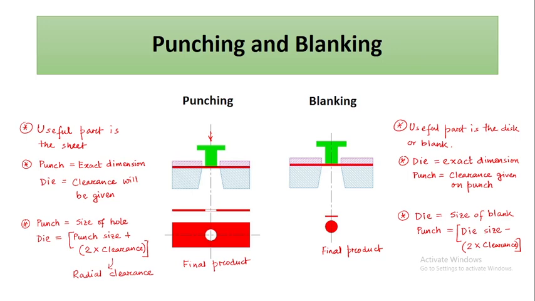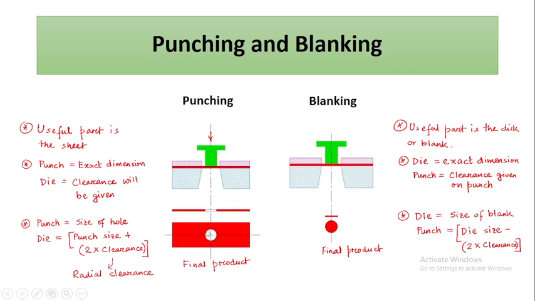Okay, so in this way we can find out what will be the dimension of the punch and what will be the dimension of the die in case of punching or blanking operation. In case of punching operation, the punch dimension will be the exact dimension of the hole that we need to produce.